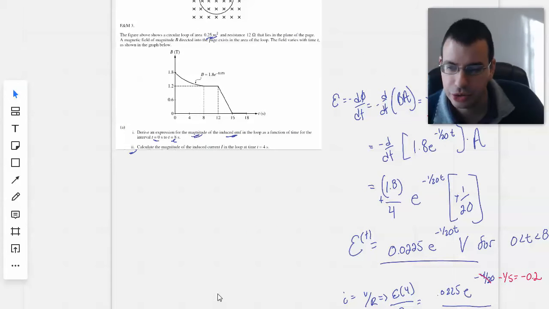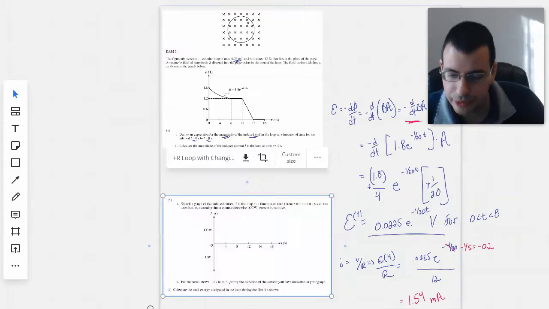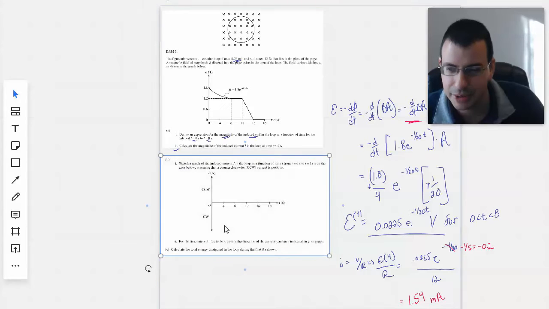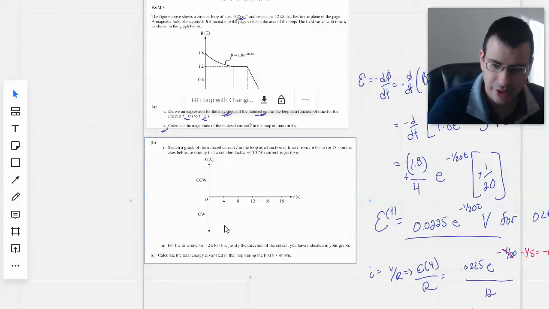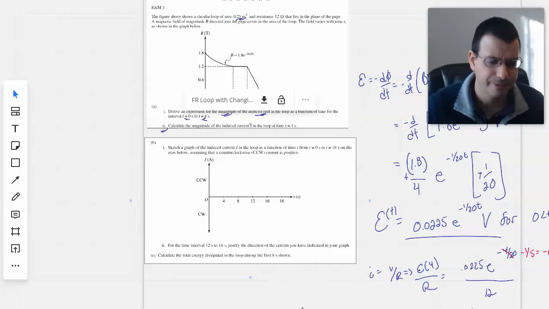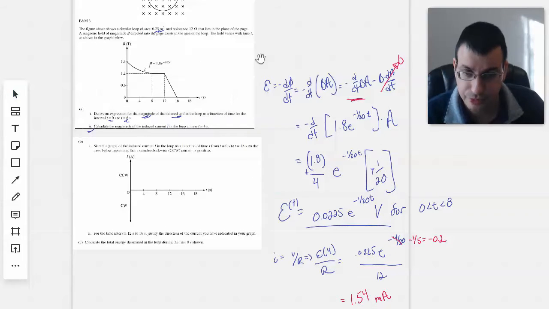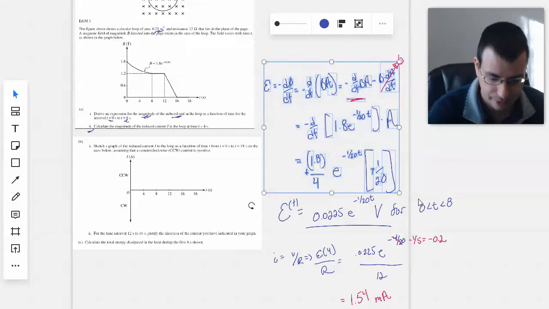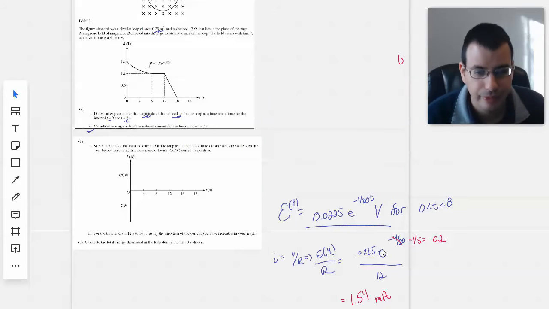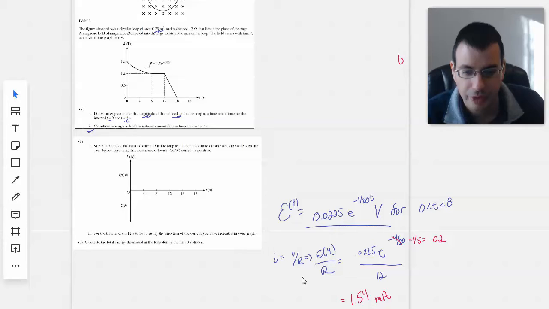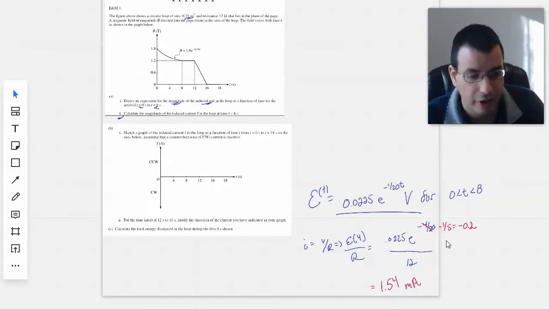Let's go on to the next problem. I guess the next part of the same problem, the B. Kind of awkward to have an A without a B. Probably should clean the board up a little bit too. Okay. So we have our next part.